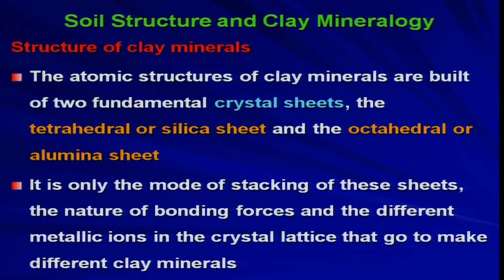Then the nature of bonding forces, that means what type of bonding force is there, whether it is a hydrogen bond or a van der Waals bond, something like that. And the different metallic ions in the crystal lattice, that is, what are the different ions present in that lattice. Based on that you will be getting different clay minerals like kaolin or montmorillonite or illite. So, we will see that.